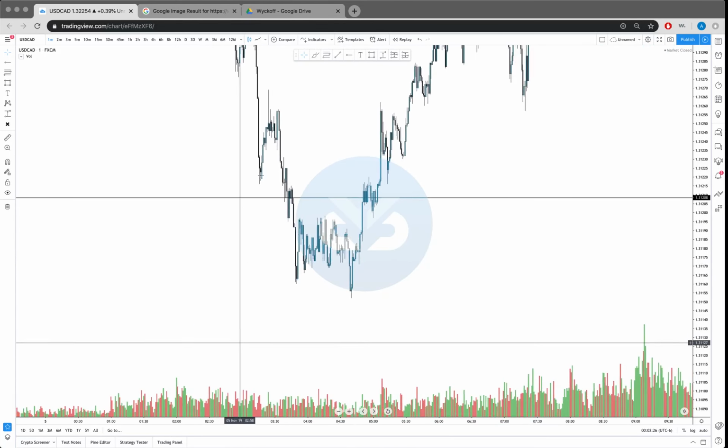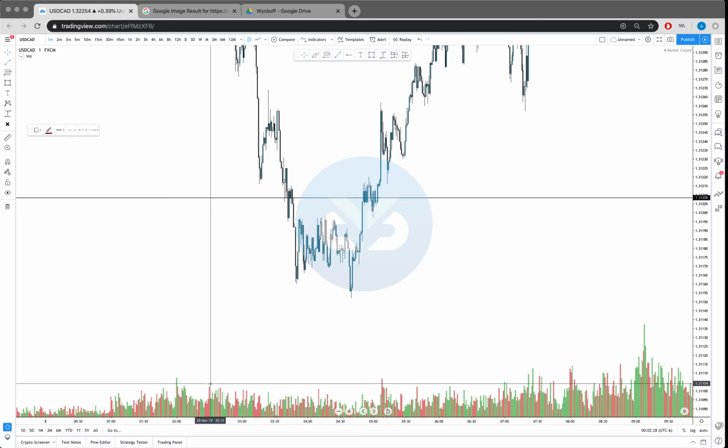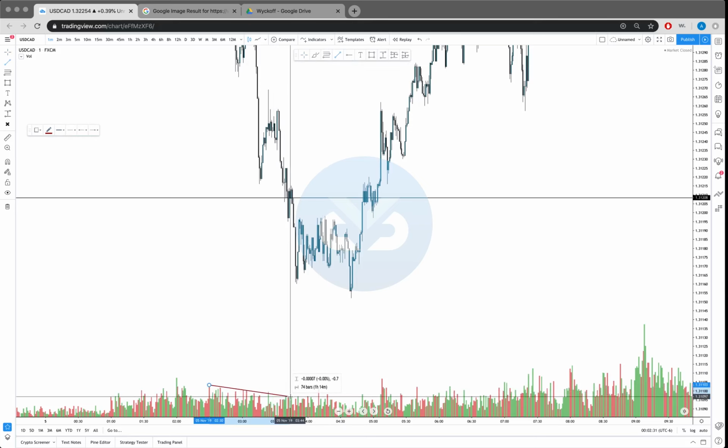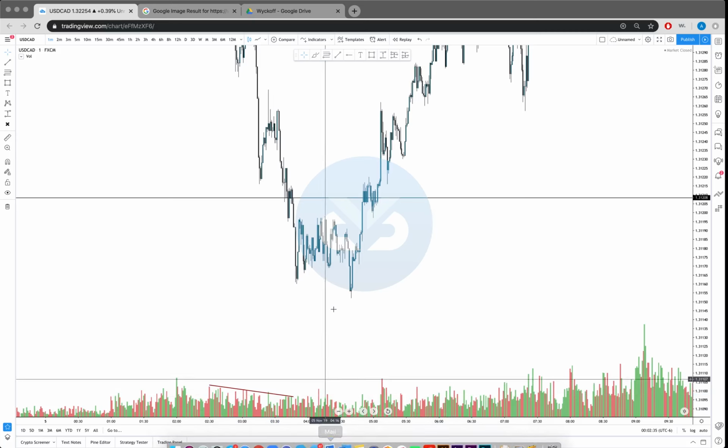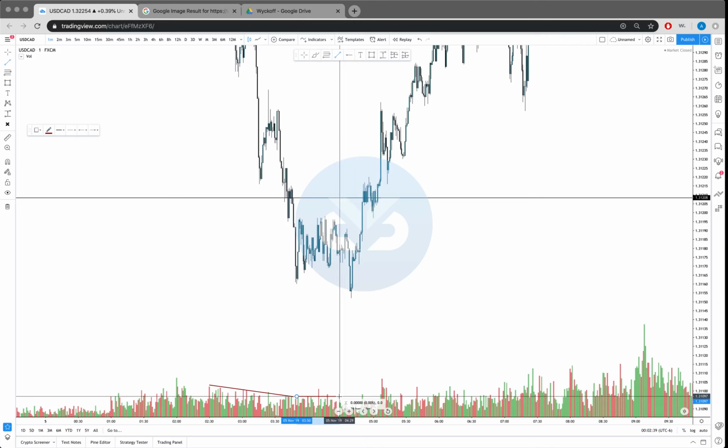Once again, we start seeing this steady decline in volume. Then we see the shift start to begin, basically all this area here.